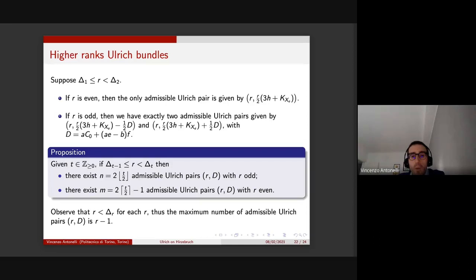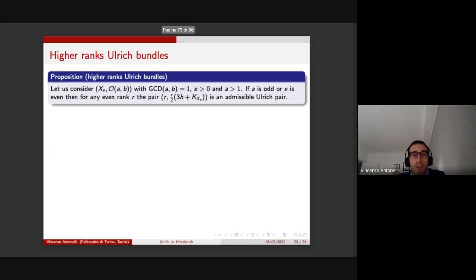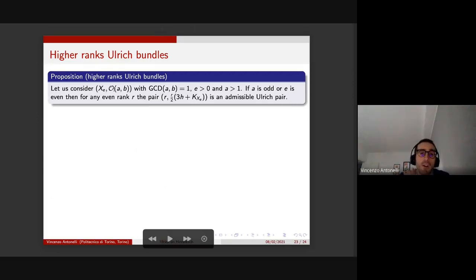Okay, so now we are ready to state the final results that I want to present to you. The first thing is that if you consider the Hirzebruch surface with this kind of strange additional hypothesis, then the Ulrich pair R, let's say the generalized special Ulrich pair, is always admissible.